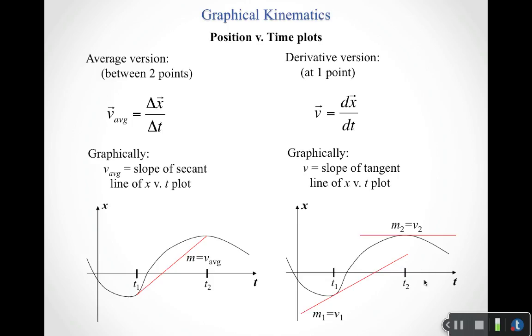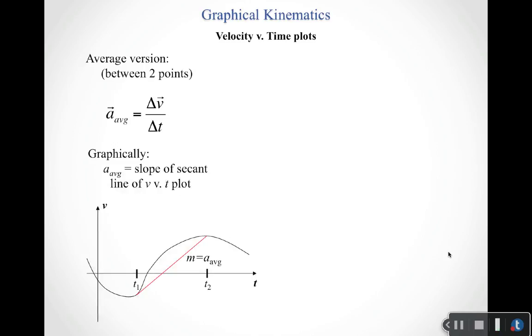It's stopping to turn around. It was moving in the positive x direction, larger and larger x values, but at this point it stopped to turn around and start moving back towards the origin. So our graph makes sense: at t2, where it stopped to turn around, it has gone as far away from the origin as it's going to, and now it's going to start coming back.